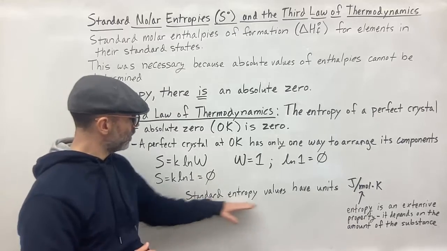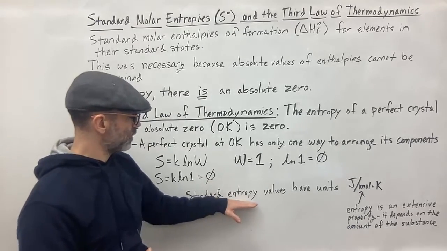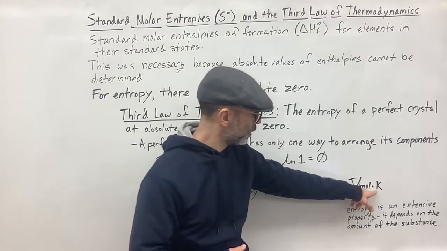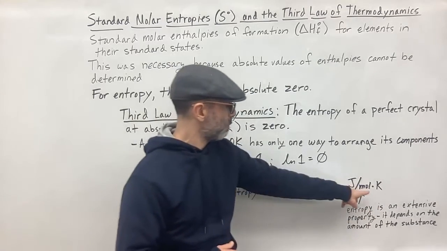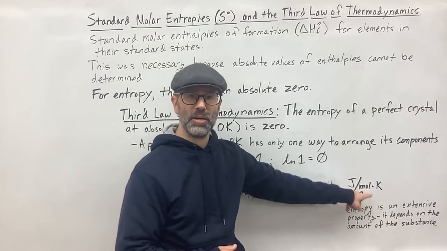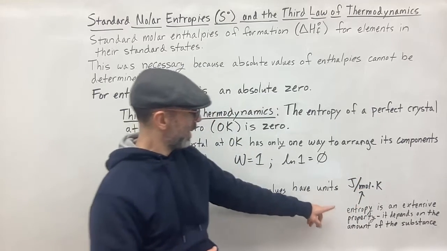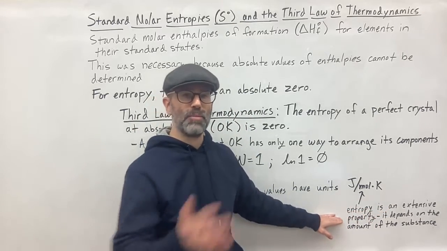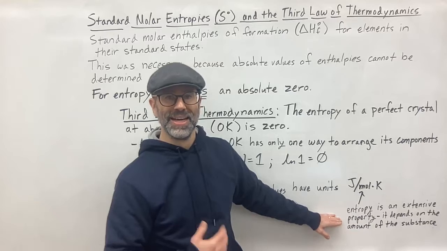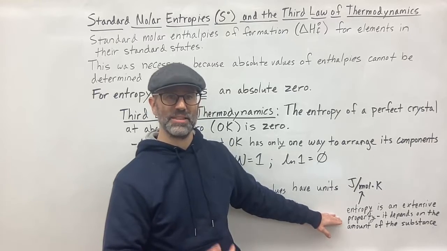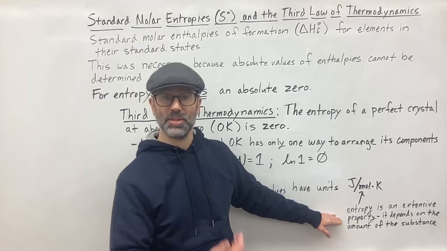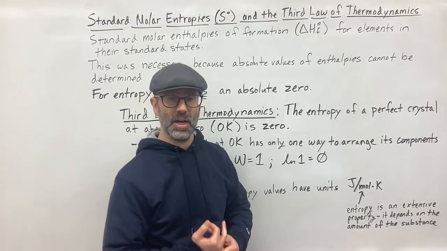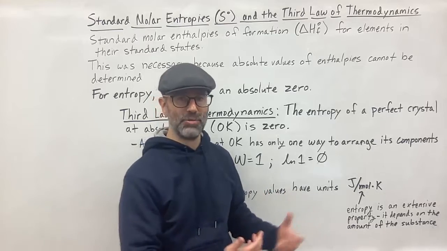Another thing to keep in mind is that the standard entropy values are going to have units of joules per mole per Kelvin, and the per mole is in the unit there because entropy is an extensive property. If you remember from your first year of chemistry, extensive properties depend on the amount of substance you have. For example, mass is an extensive property because the more substance you have, the more mass you have.